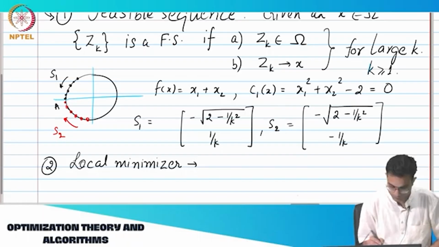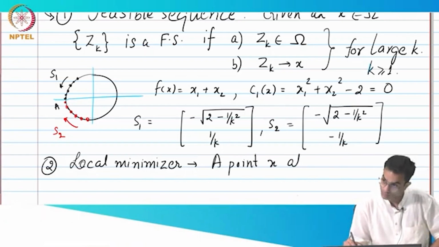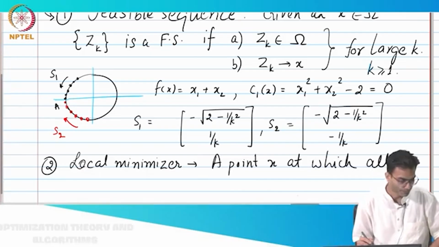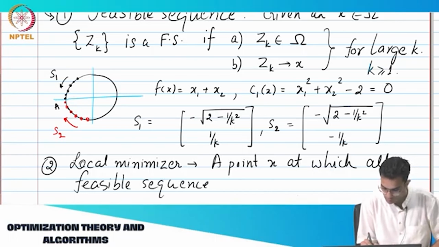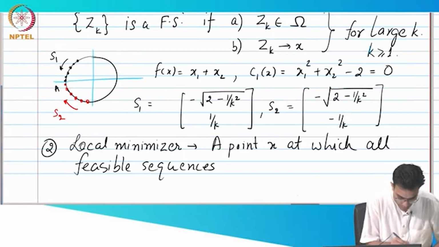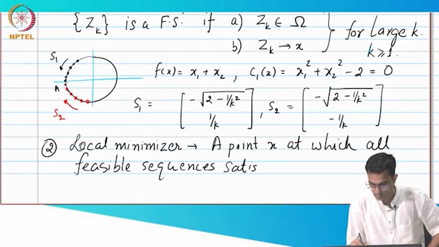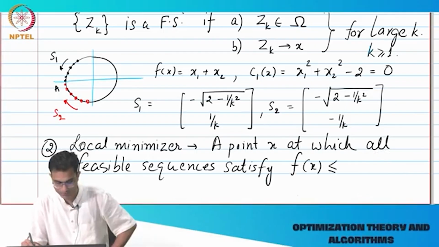So it's a point at which all feasible sequences satisfy that f of x is less than or equal to f of zk.